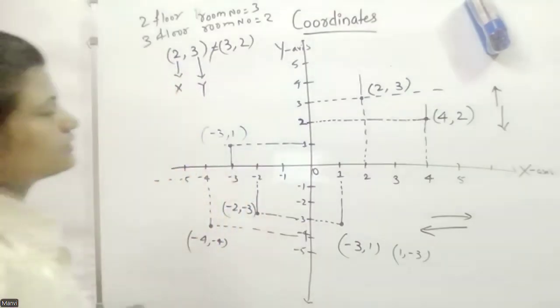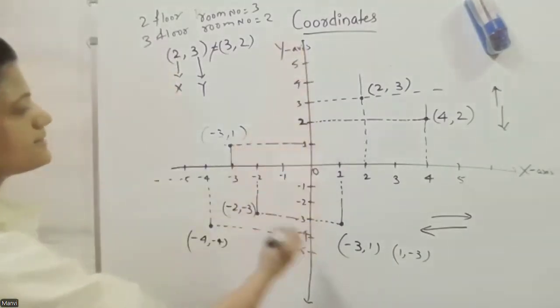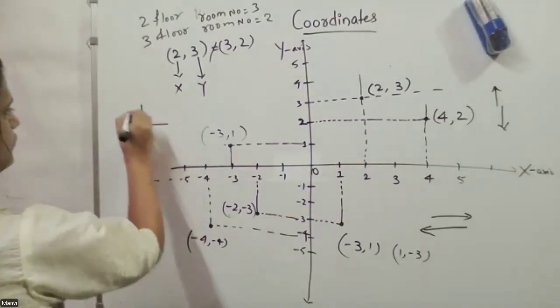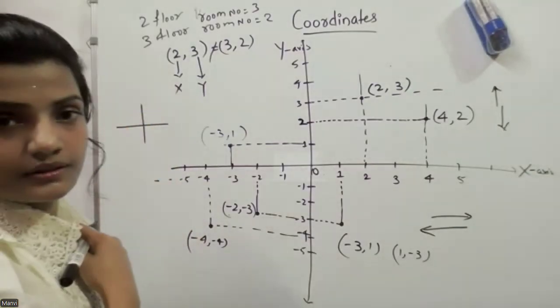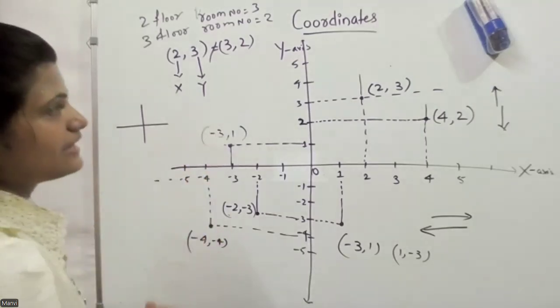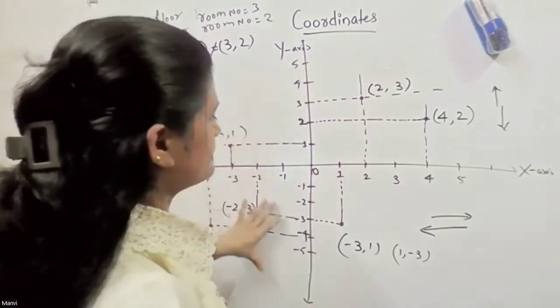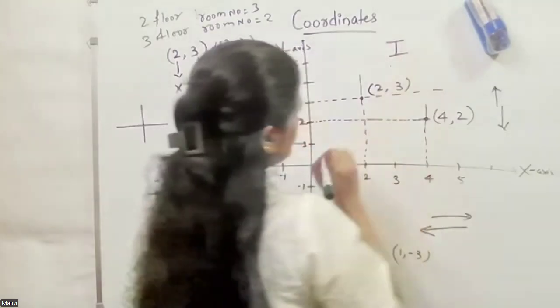So, you can see, Kavya, that these two axes actually divide it in quarters, right? It divided in quarters. Okay? And we named it this way: 1 quadrant, 2 quadrant, 3 and 4. Like quadrant 1, first quadrant.